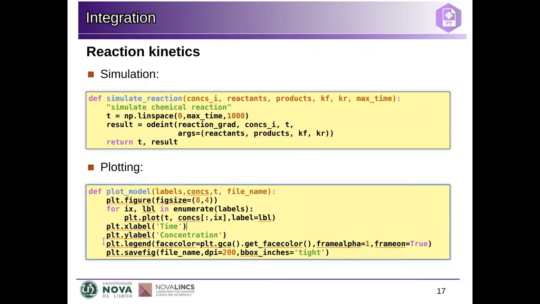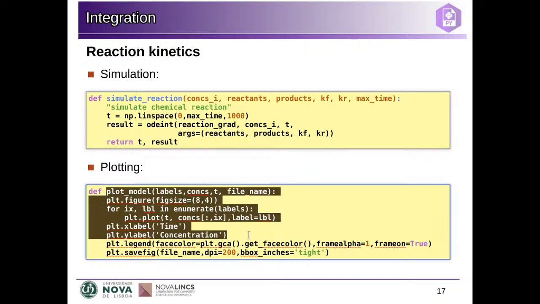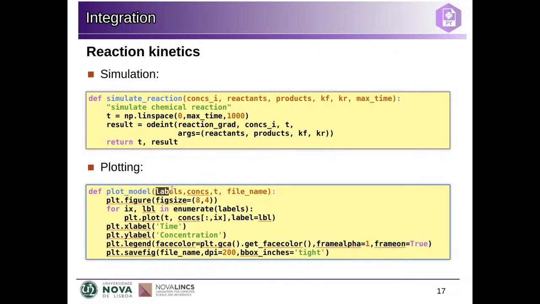Now we can just create a function to help us plot. So we have the labels for the different species, the concentrations and the time. So these concentrations will be the result of our integration, and the file name if you want to save this figure.